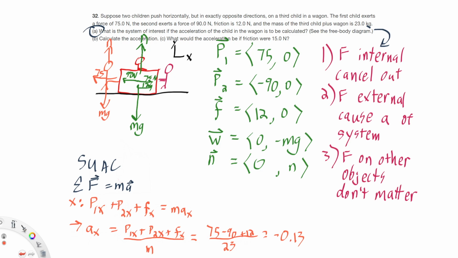Yep, okay. Matthew says, what is that first part being divided by? On the bottom here with a sub x, that's the mass of the whole thing, which is our 23 kilograms.